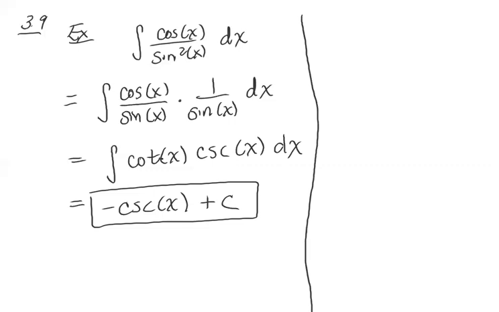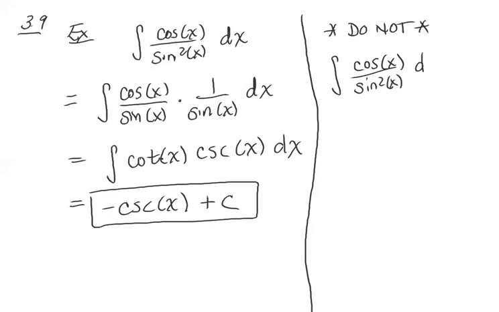A word of caution here. I'm going to put this in bold. Do not do the following, because it will give you an incorrect answer. If you're given this function, cosine of x over sine squared of x, dx, you might be tempted to sort of distribute that integration symbol.